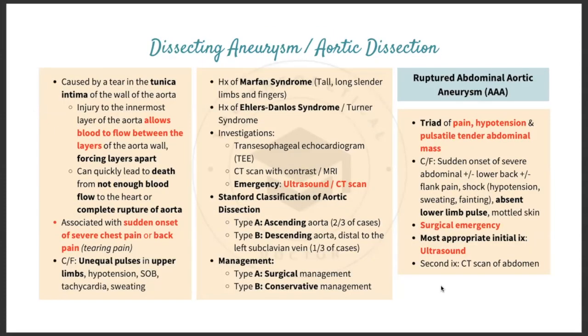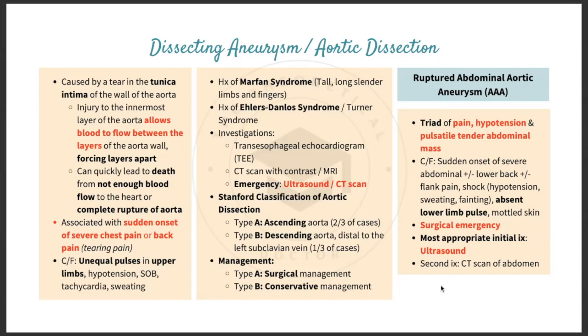Dissecting aneurysm or aortic dissection, with a little bit on when it ruptures, AAA. Alright, so it is caused by a tear in the tunica intima of the wall of the aorta. And it is actually injury to the innermost layer of the aorta. And what happens when there's injury over there? This allows the blood to flow in between the layers.